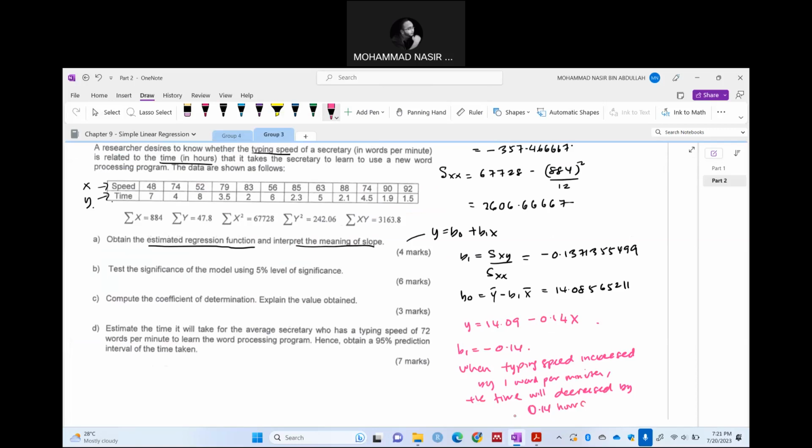Right, so that one is for A. And B, we need to test the significance of the model using 5% level of significance.